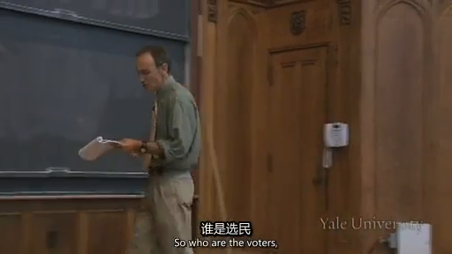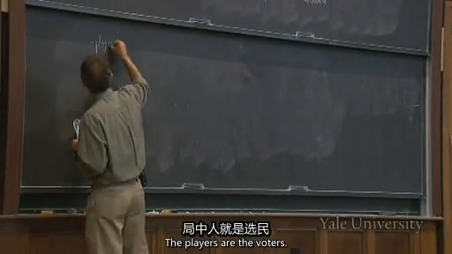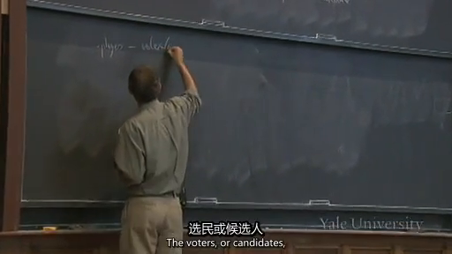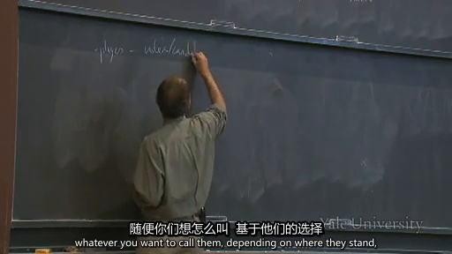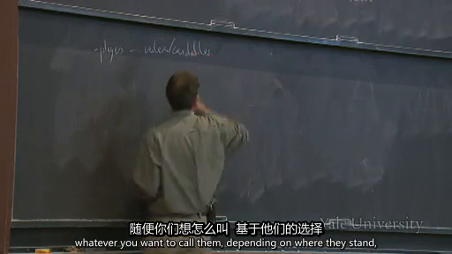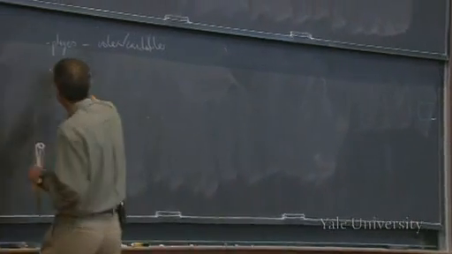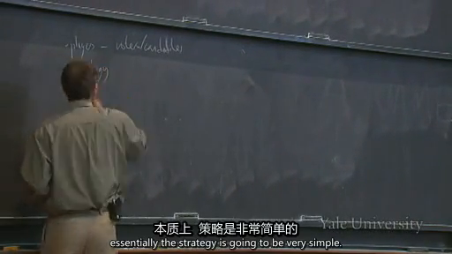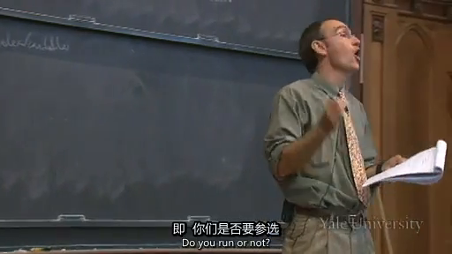All right, so who are the voters? Who are the players? The players are the voters, or candidates, whatever you want to call them, depending on where they stand. In this game, they're going to be you. And the key strategy here is going to be very simple: do you run or not?